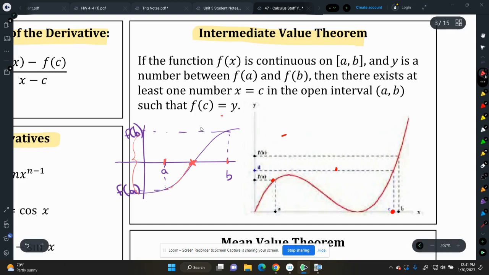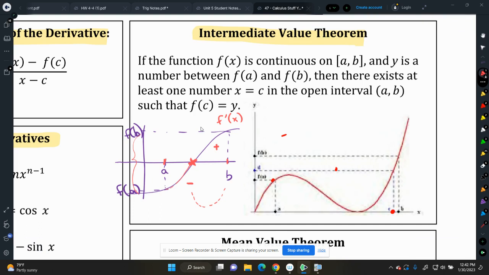this was f prime, right? F prime of x, then I know that f prime of x is changing from negative to positive, which means I know it's changing from decreasing to increasing. This 0 on the f prime curve tells me there must be a relative minimum on f of x.